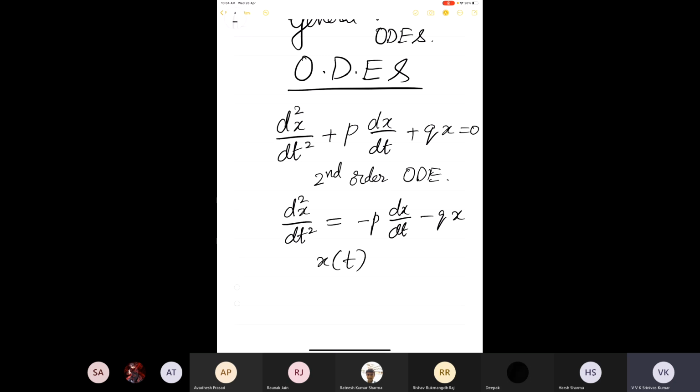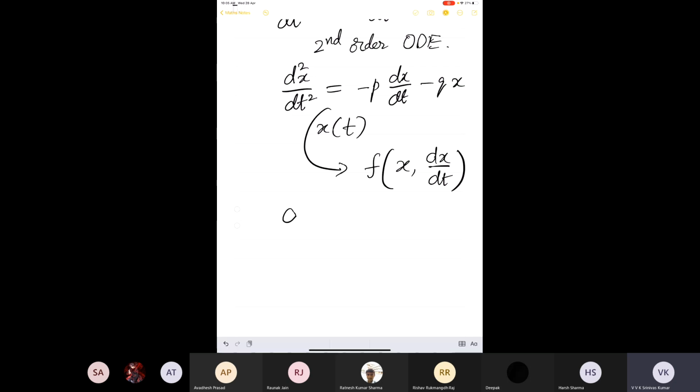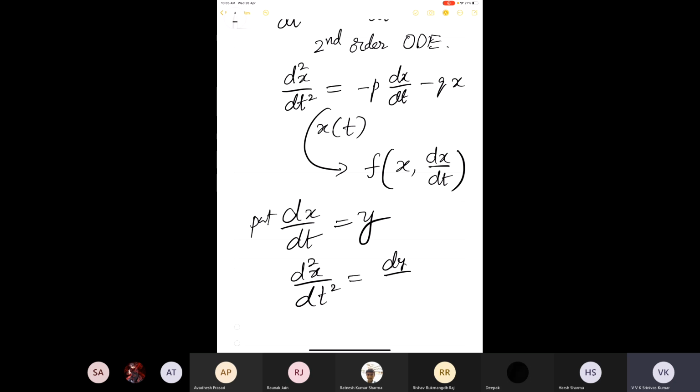X is a function of t, and in the right hand side we have a function of x and dx upon dt. So if I do a substitution, put dx by dt equal to y, then d square x upon dt square is equal to dy upon dt.